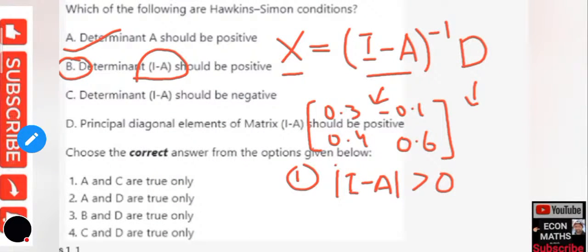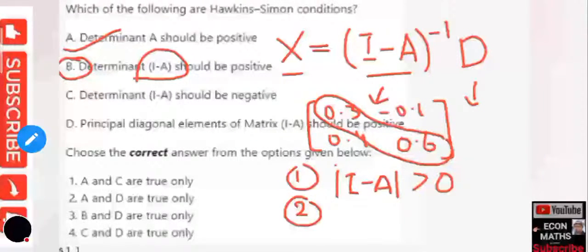The second condition of the Hawkins-Simon is that the elements on the principal diagonal should be positive. These very elements are called the principal diagonal elements. These should be positive. Here 0.3 is positive, 0.6 is positive.